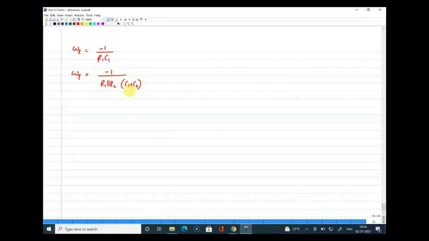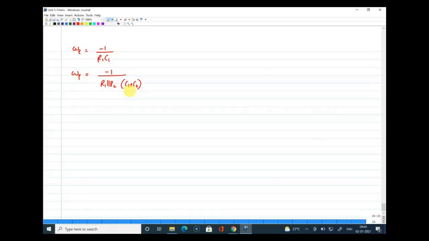Now, with this expression, can we say whether omega z is higher or omega p is higher, or there are chances that both are possible, or what do you think? Any thoughts on that?